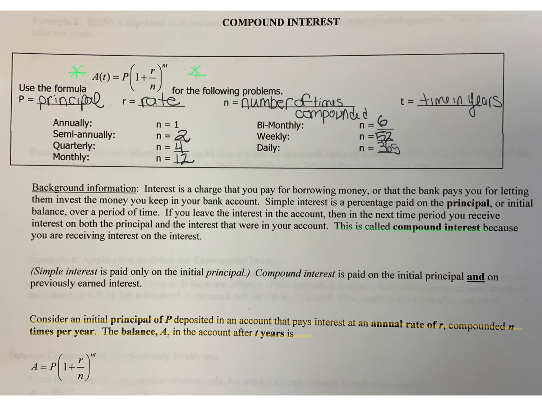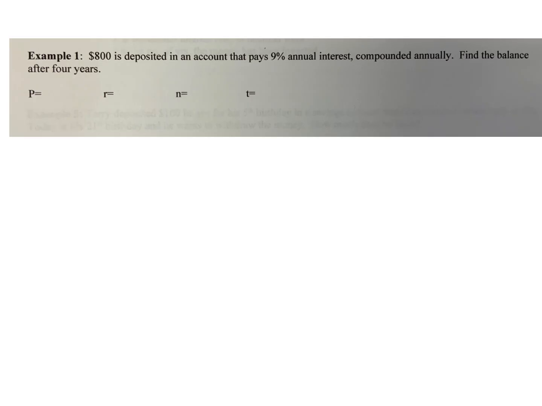So let's try that. So on the example, it says $800 is deposited in an account that pays 9% annual interest. So now instead of you having to pay the interest, the bank's paying you. They are investing money in you because you let them borrow your money. So my principal is the 800. My rate, it says 9, but we have to make that a decimal.